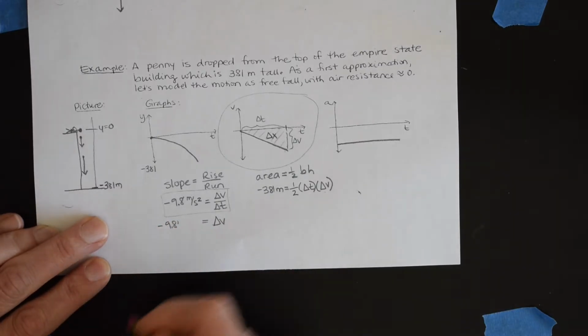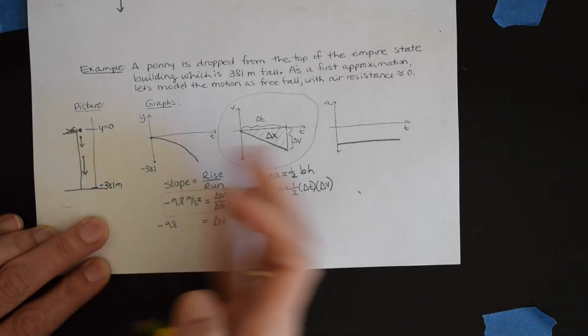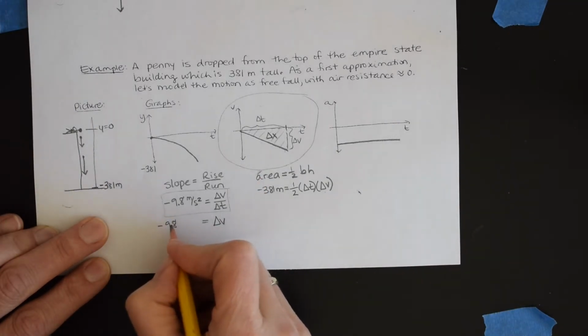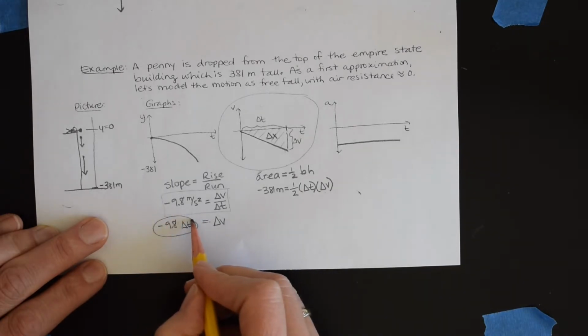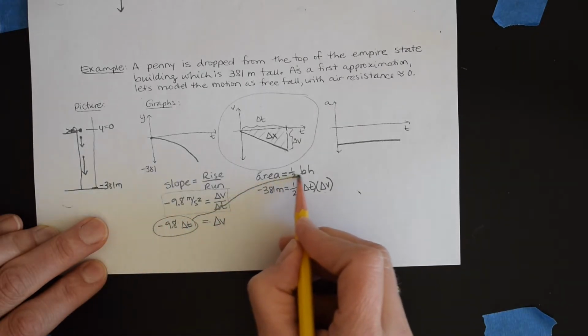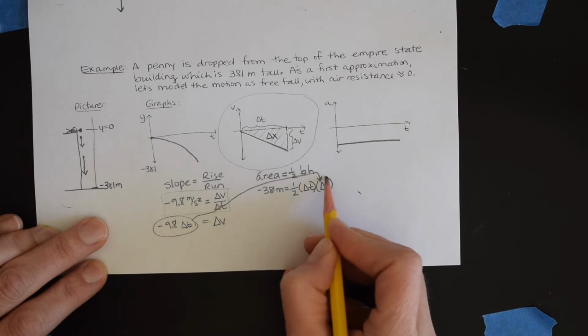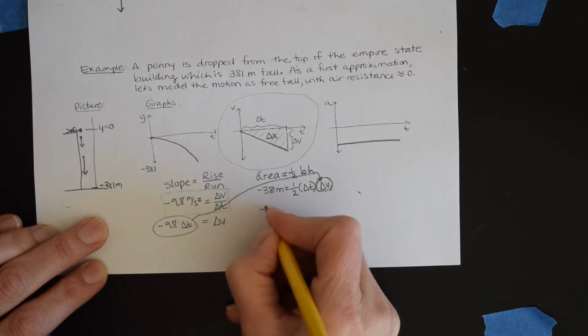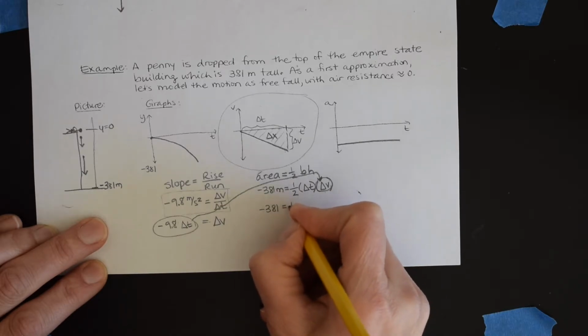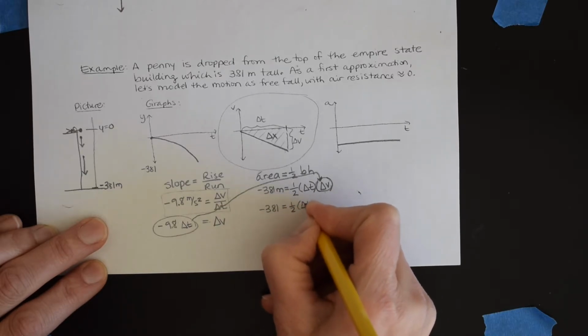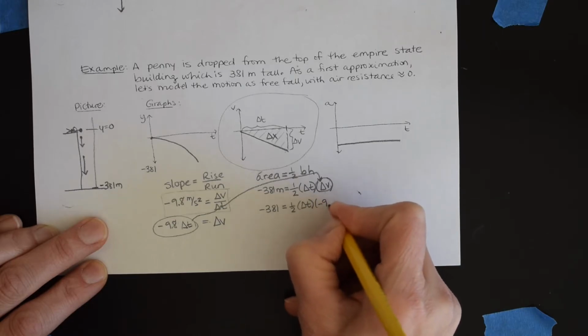And at this point I'm going to drop the units. I'm not going to write the units. It gets a little messy. So negative 9.8 times delta t equals delta v. So we're going to substitute this over here for delta v. So now over here we'll have negative 381 equals 1/2 times delta t times negative 9.8 delta t.